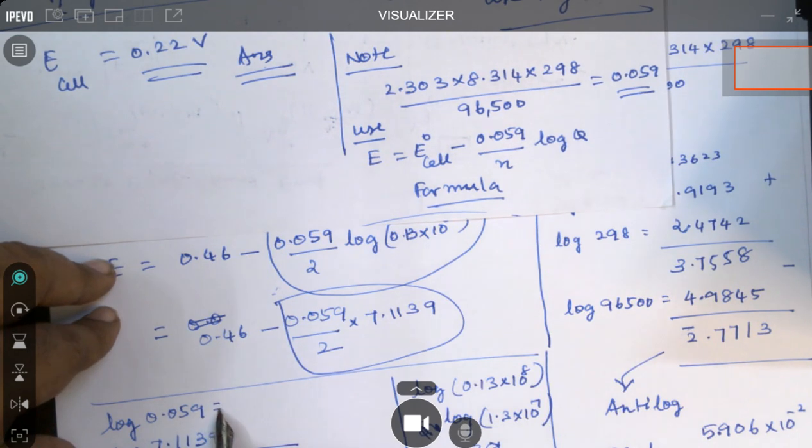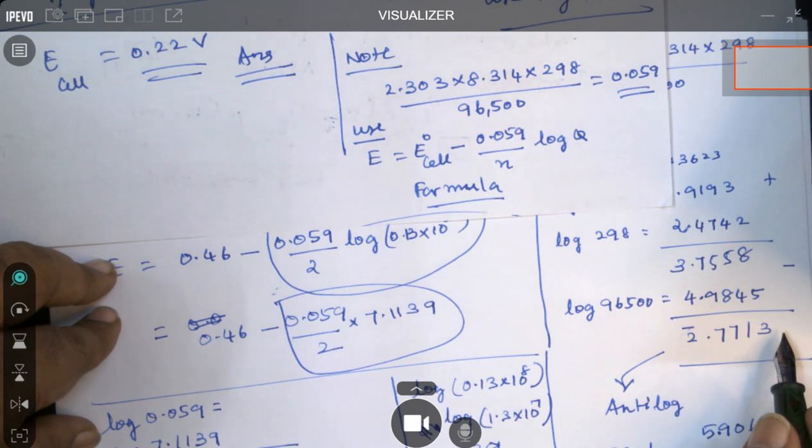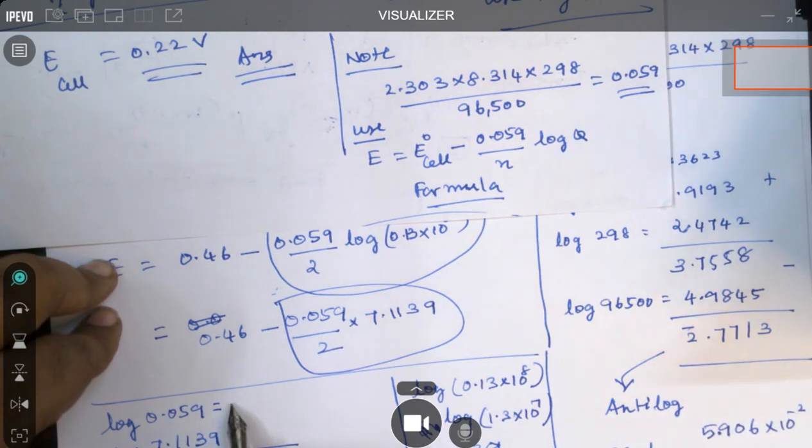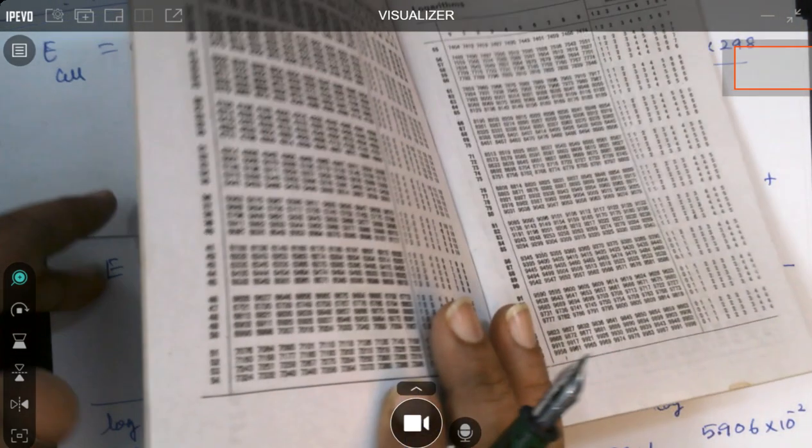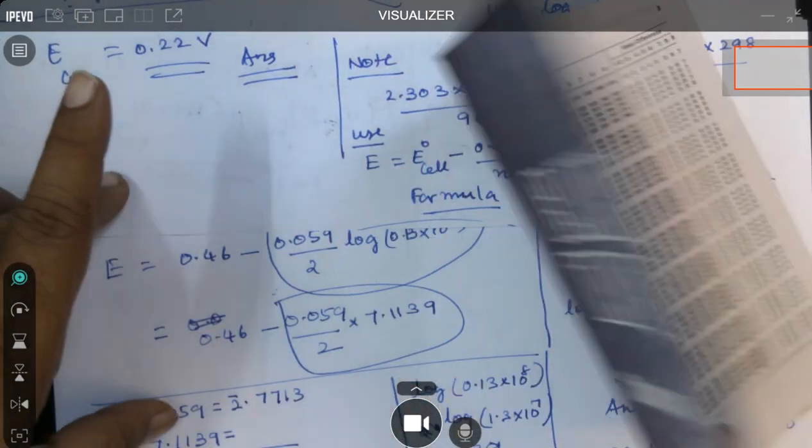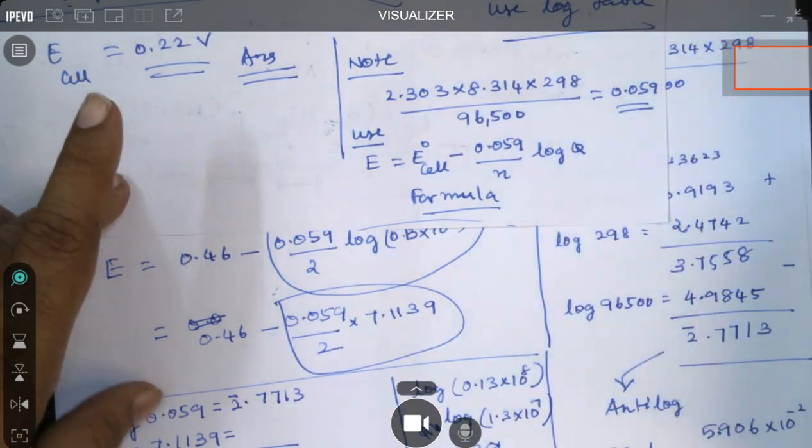Now what is the log of 0.059, which is nothing but the antilog value of this one. Okay, you can straight away put, so this is 2 bar 7713. So that is equal to log 7.1139. So log 7.1139 means 71, you have to put 71,139.